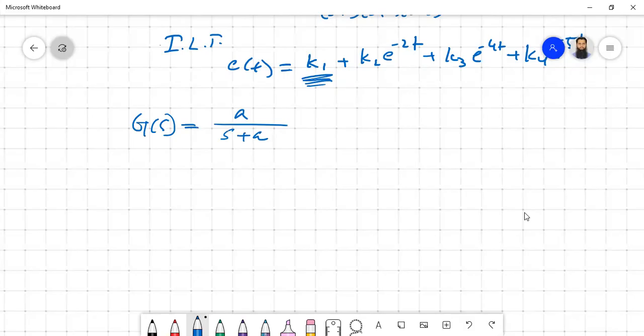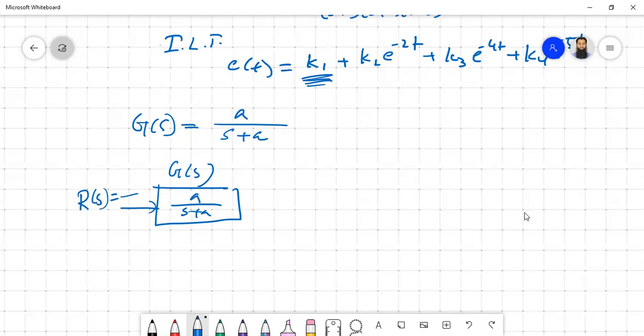The block diagram representation of G(s) will be something like this: a by (s plus a), with R(s) as the input. We always use a common test input, that is the step input. And this is your C(s).